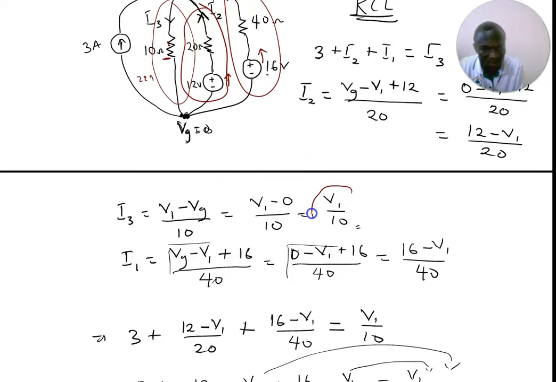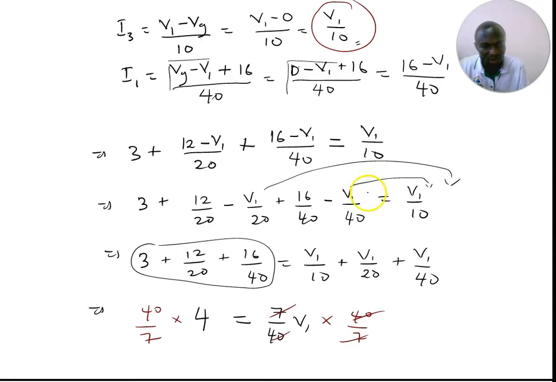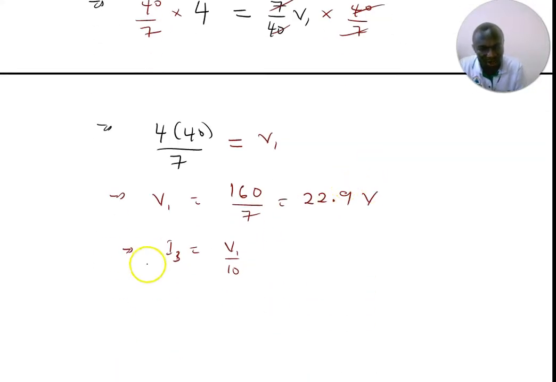So in that case, what do I get? I'm going to get the 160 on 7, all on 10. And this gives me 160 on 70, which is 16 on 7.